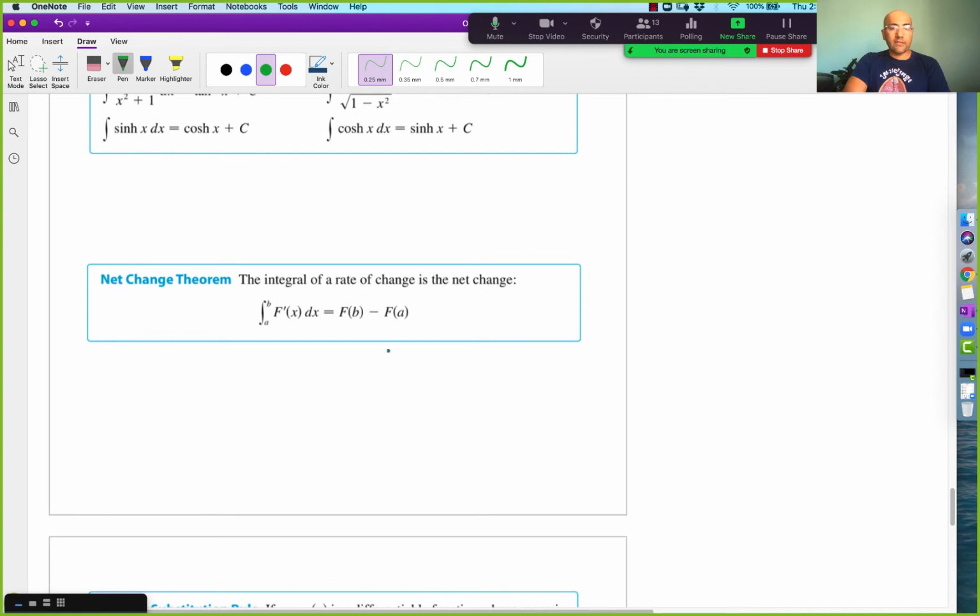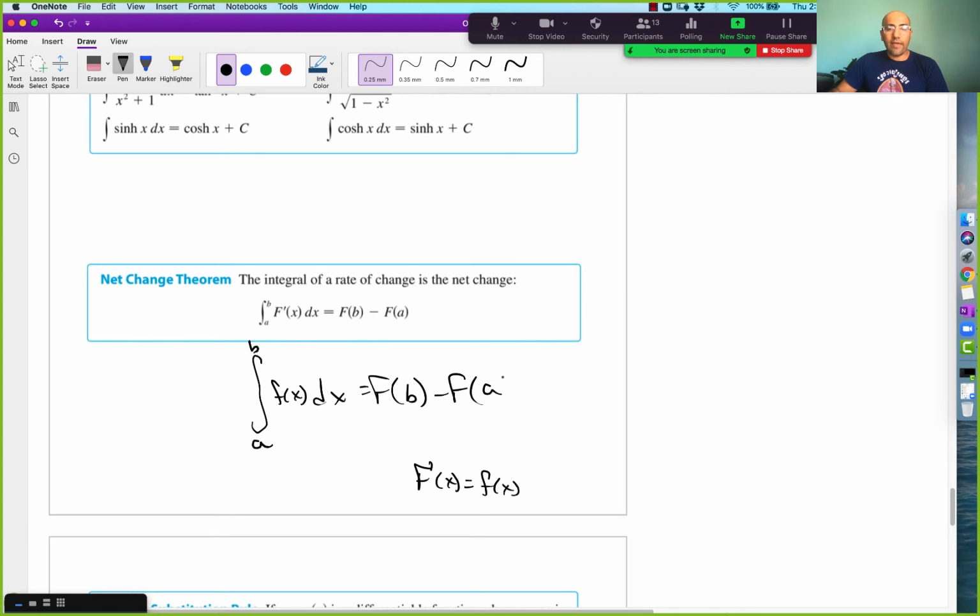We've already kind of talked about this. Before, it was presented as the integral of f of x dx, and then a little side note indicated, by the way, lowercase f of x. So the difference between this and the one right above is that we have the integral from a to b of f of x dx, but then they noted, by the way, capital F prime of x equals f of x, and all of this equals F of b minus F of a.